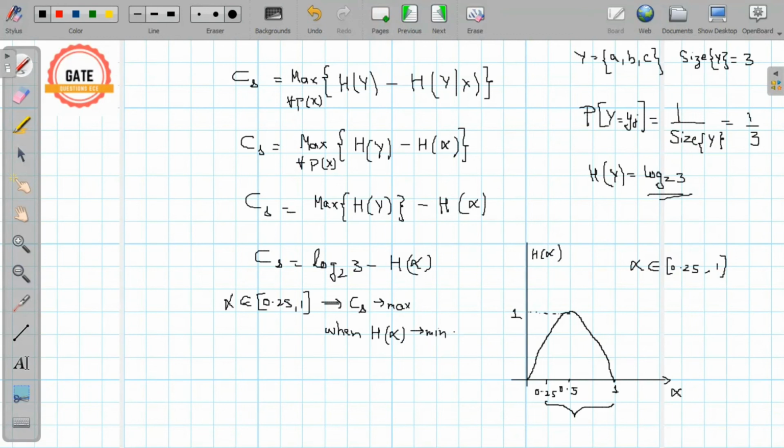So the minimum value is 0 and the corresponding value of alpha is 1. So this is the required answer that is asked in this question. Also you can calculate the capacity for this value. It will be log 2 3. So next time the examiner may ask the maximum capacity of this channel also.